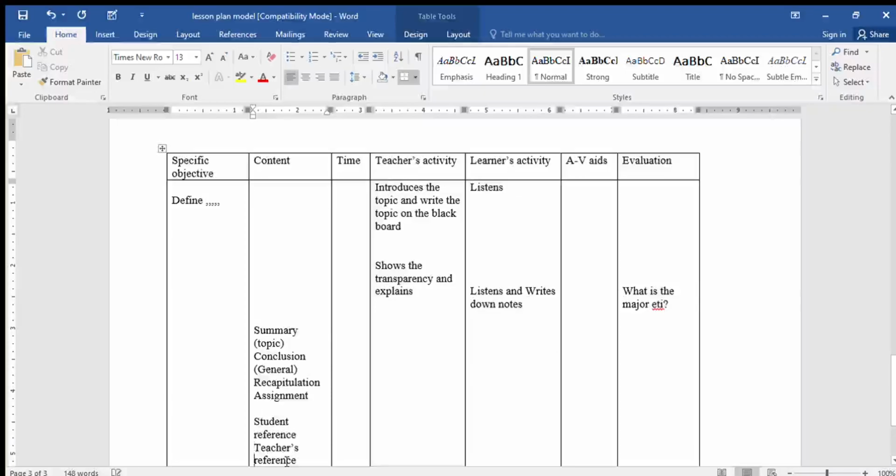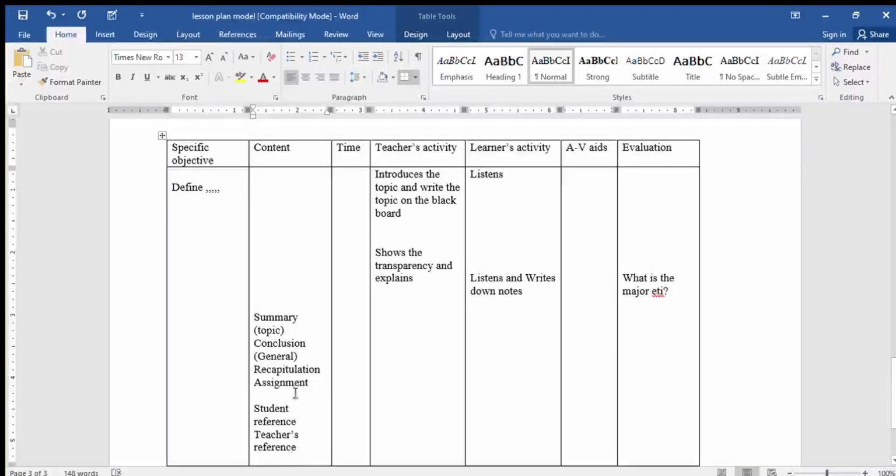Student reference is, for writing that particular assignment, which textbook the student should refer. The teacher's reference is which all textbooks you referred to take this particular class. That is the difference between student reference and teacher's reference.